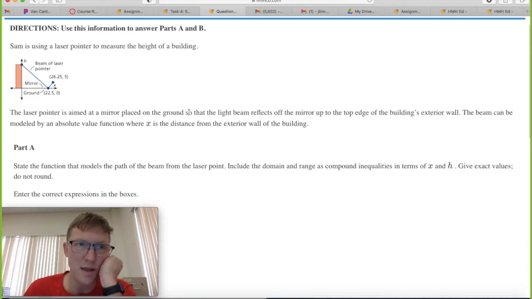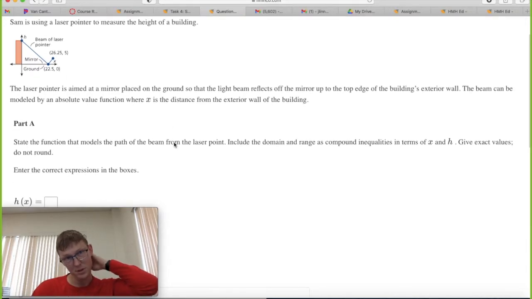The beam can be modeled by an absolute value function where x is the distance from the exterior wall of the building. Okay, so I guess he's up here, pointing it down. There's a mirror, and it's bouncing off.